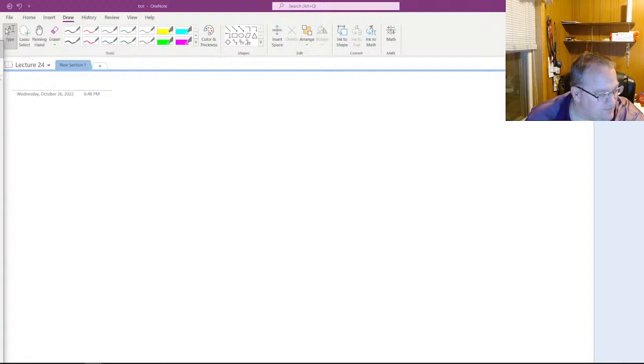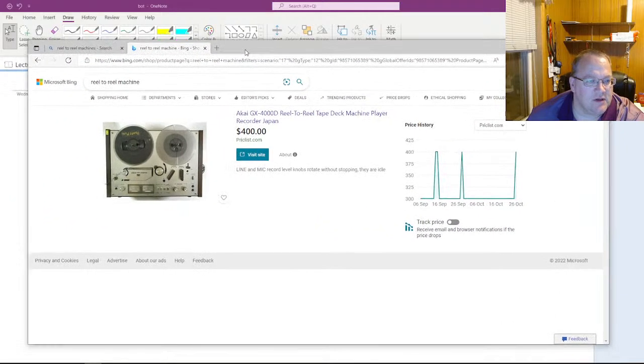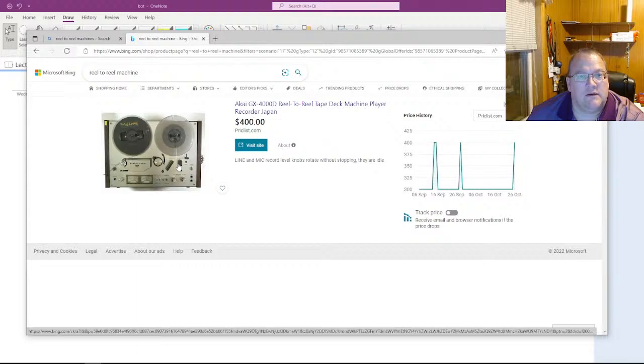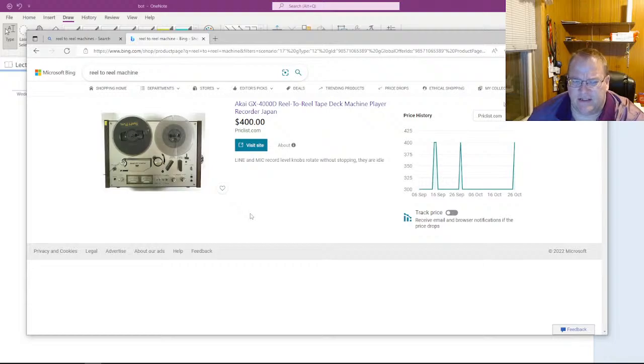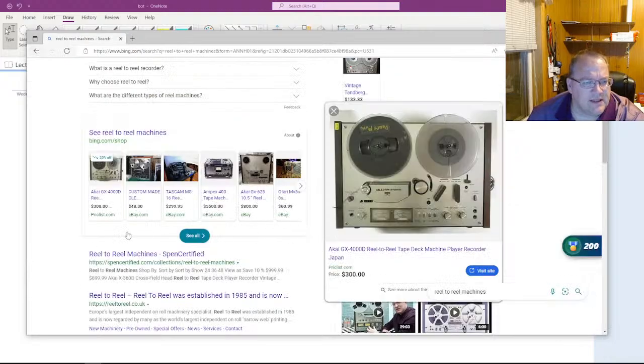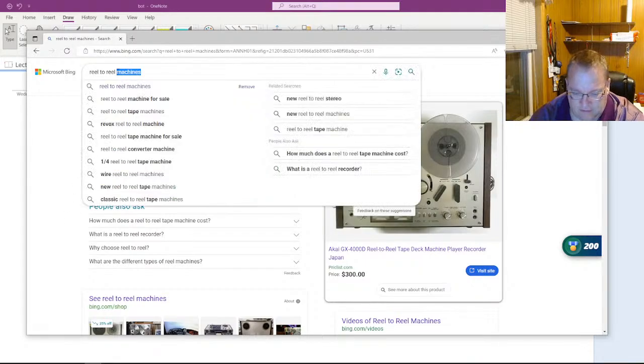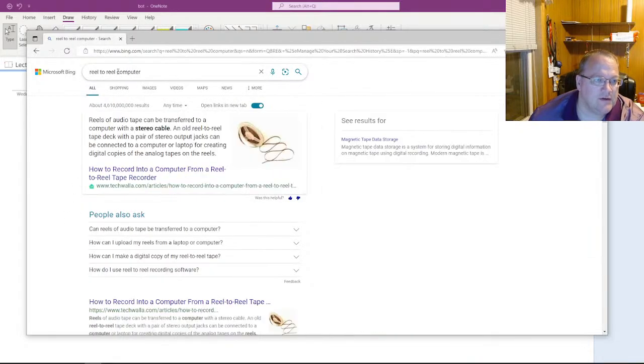Oh, here's a good one. I think this is for sound, but it's similar, right? This magnetic tape. And until very recently, they continued to even do movies with the reel-to-reel. I think they've gone completely digital now. Let me go back here and see if I can find a better computer.